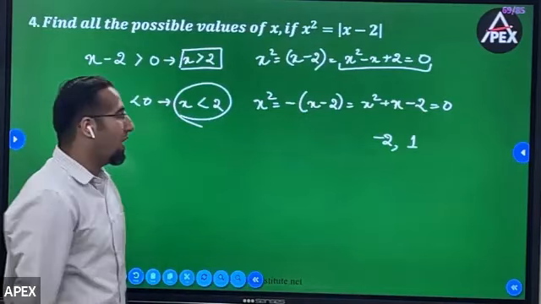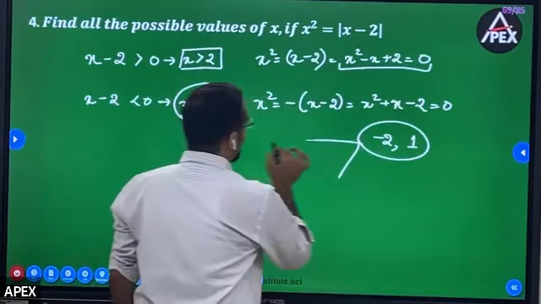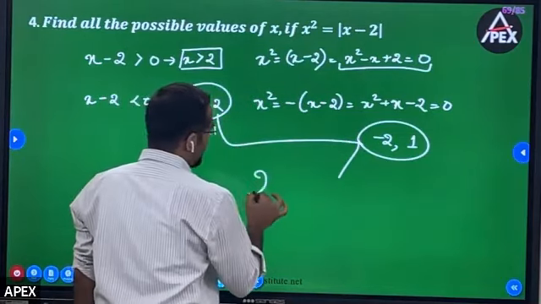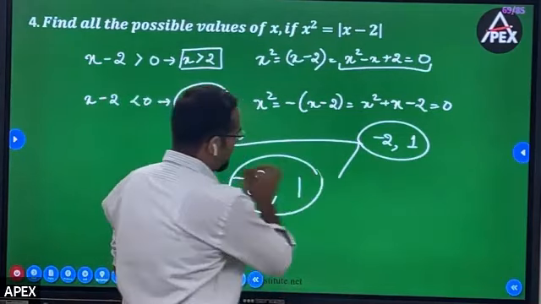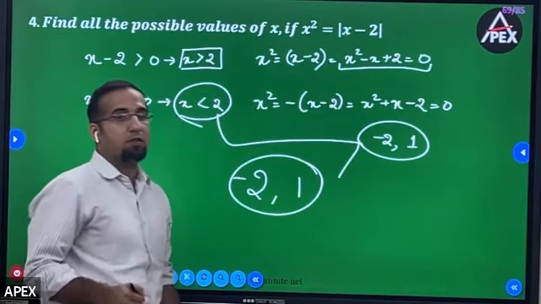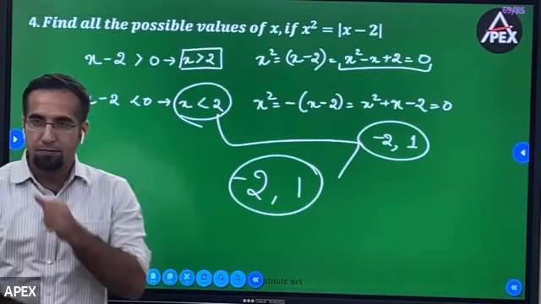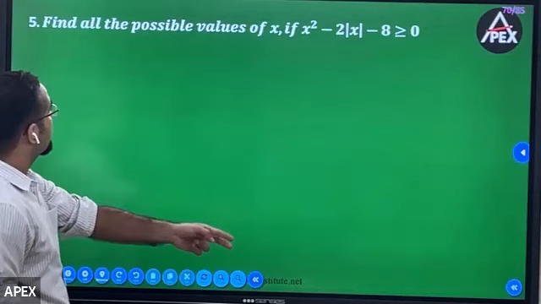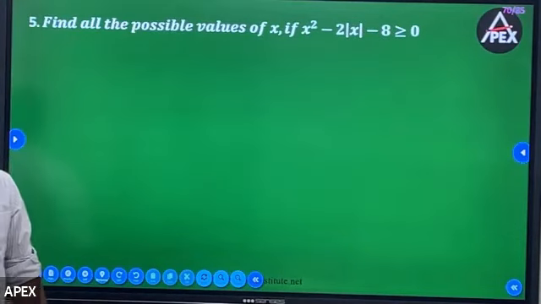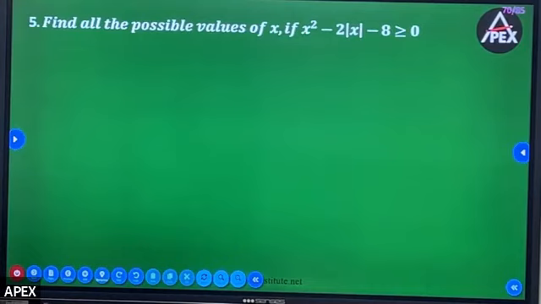Now are these two values less than 2? Yes, these two values are less than 2. So therefore my answers, minus 2 comma 1, will be satisfying the given equation. Clear? Just remove the mod and apply.